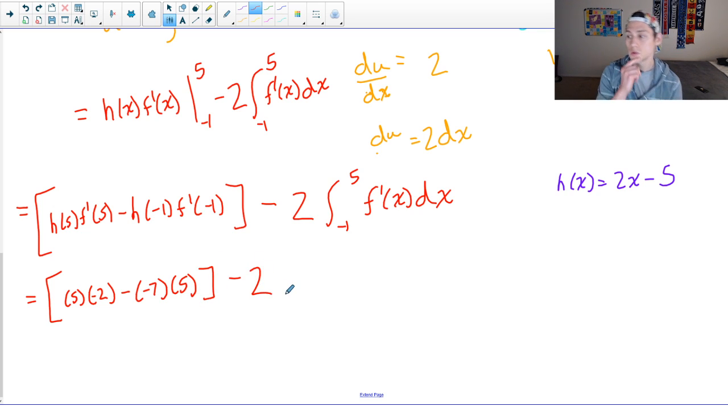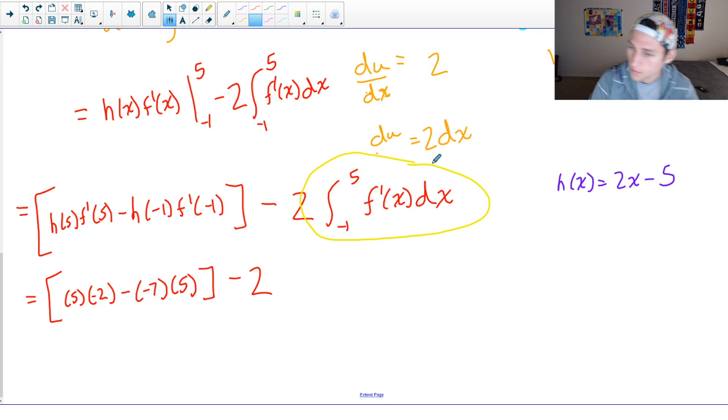Minus 2 times, okay, now let's think about, we've got to be smart here. The integral from negative 1 to 5. Now, I do not have an equation for f prime, so I can't actually algebraically figure out the antiderivative and then plug in 5, plug in negative 1.